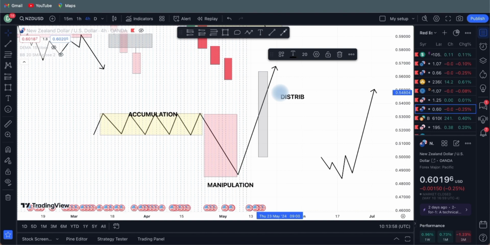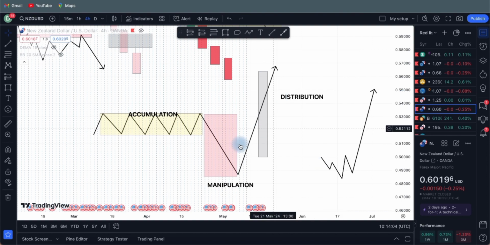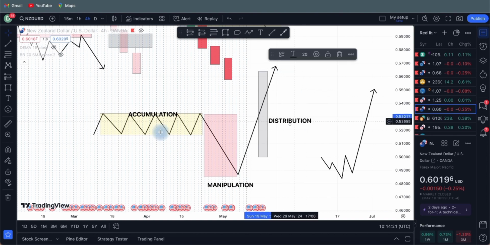This distribution phase is when orders have been executed for the sellers. For example, once orders are executed for the sellers, the buyers can come in from here and shoot to the upside, giving a distribution phase. This mostly occurs in the market. It's very common. When you check your charts, you are going to see a lot of examples of this kind of movement.